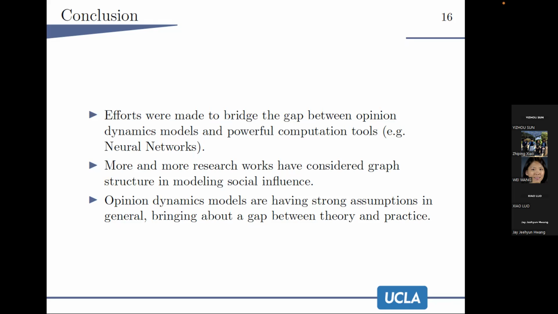And as for where the gap comes from, I think it's because opinion dynamics models generally have very strong assumptions in the first place. It means that they might have good performance on carefully designed simulated data, or a carefully selected subset of a real world data set. But if we want to apply it to a massive number of nodes on a real world social network, it could be a problem in practice.